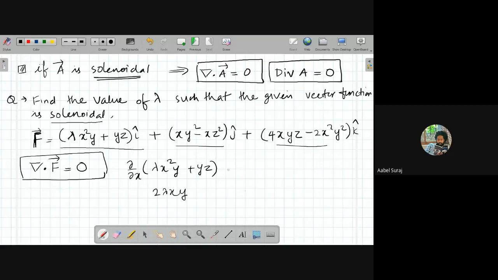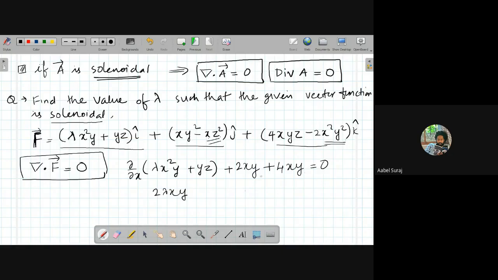What is dou by dou y of this term? It is 2xy. This one is 0 because there's only x and z. Now plus here, it is x and y, so it is 0 because there is no z component. Here only we'll get the z component. It will be 4xy is equal to 0.